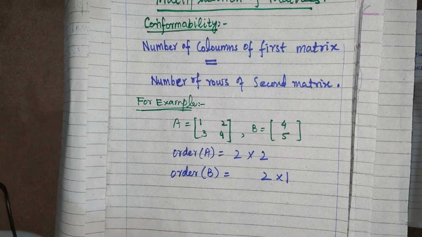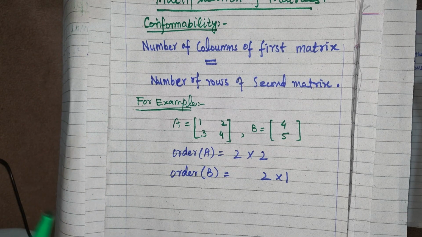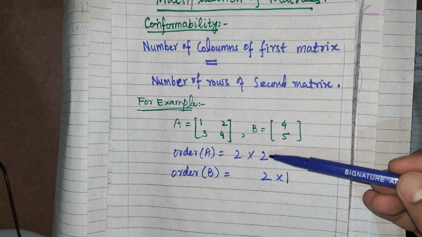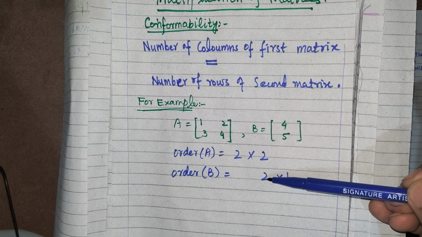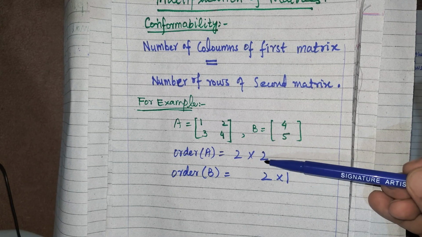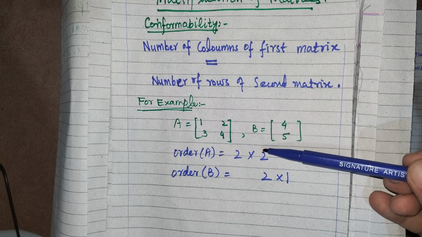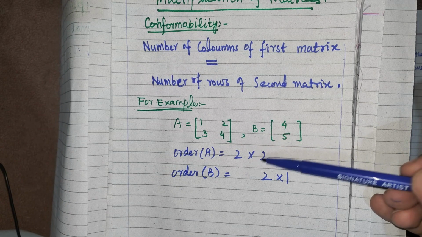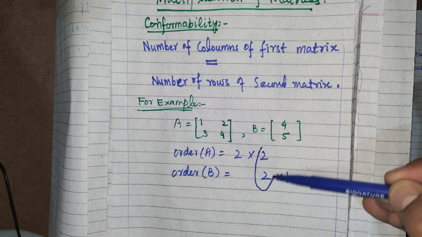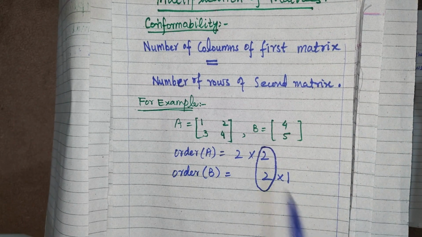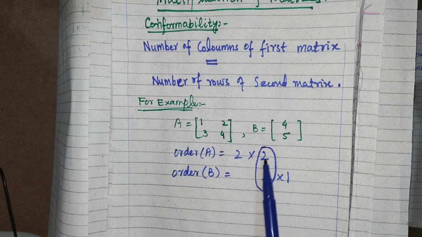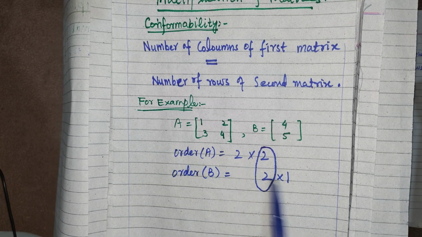One simplest way for checking this is to write the orders of both the matrices in such a way that the number of rows of the second matrix is written just below the number of columns of the first matrix's order. If they are the same, then it will be conformable for multiplication. Here we have the order of matrix A equal to 2 by 2, and the order of matrix B equal to 2 by 1.